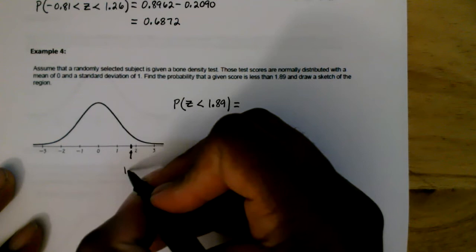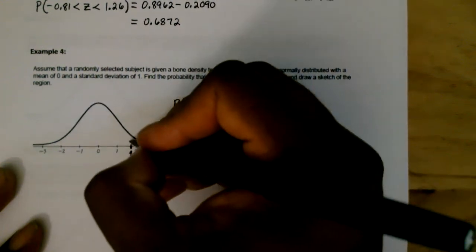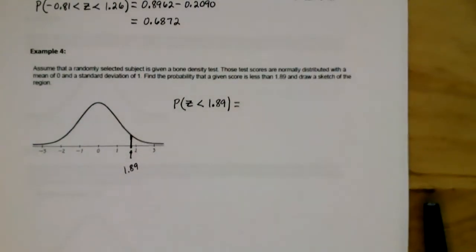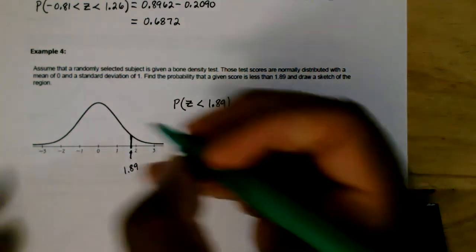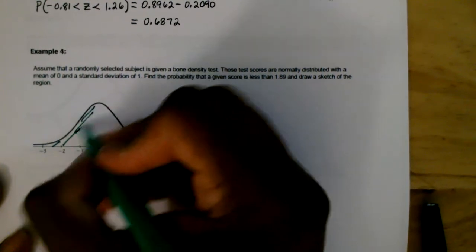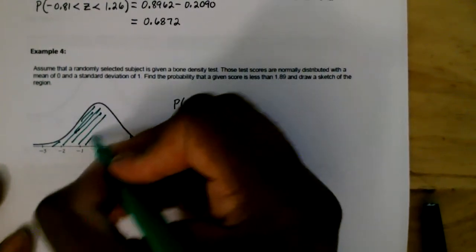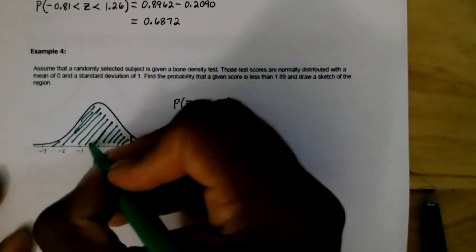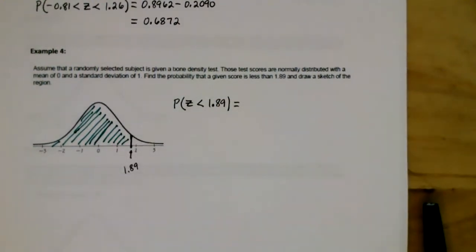Let's say this is 1.89. I'm going to draw my boundary right here for 1.89. And the shaded region, less than, I have to shade to the left, because less than, you always shade to the left. If it was greater than, then you shade to the right. So this is the shaded region right here that I'm trying to find.